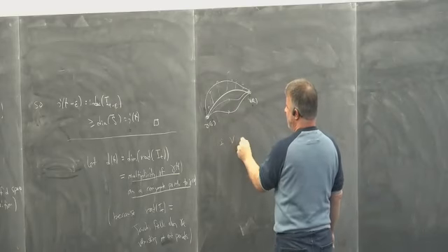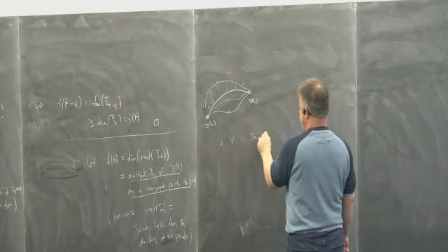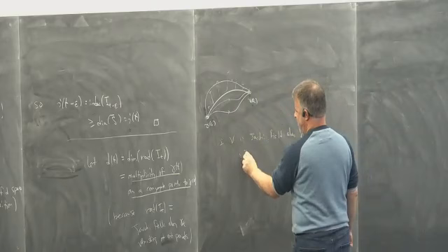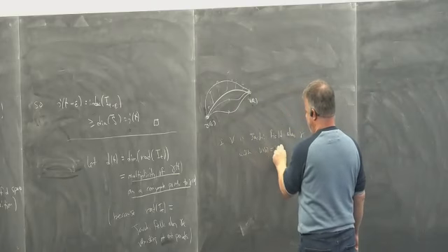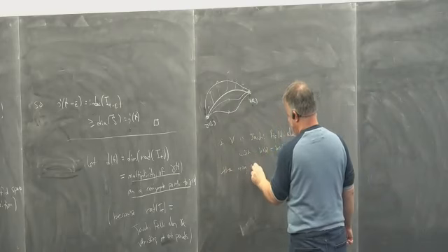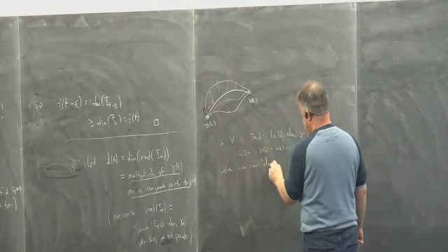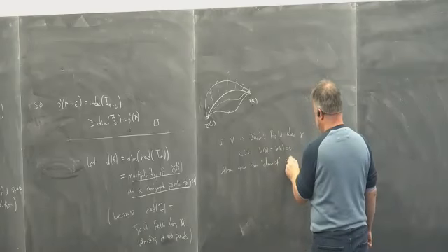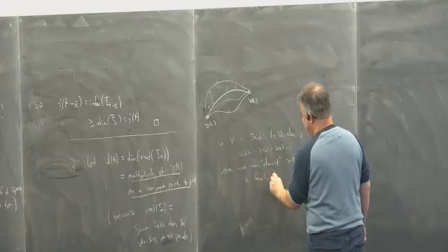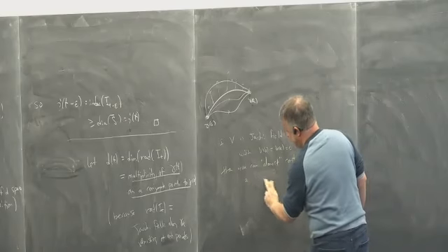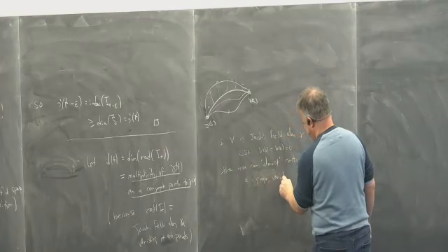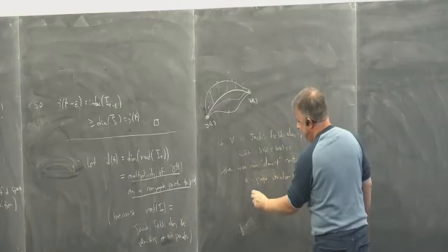If V is a Jacobi field along gamma with V of 0 equals V of a equals 0, then you can almost construct a variation, a proper variation of gamma through geodesics.